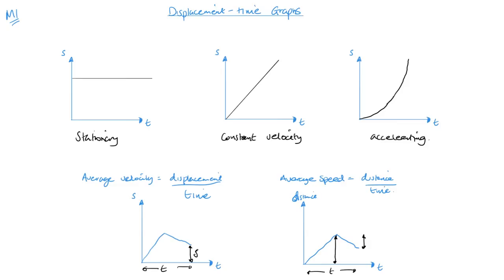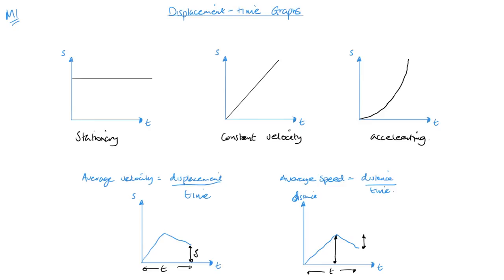So in this case, the average speed and the average velocity are different values. A lot of the time we do interchange the words speed and velocity, but it is important to understand the difference between them.